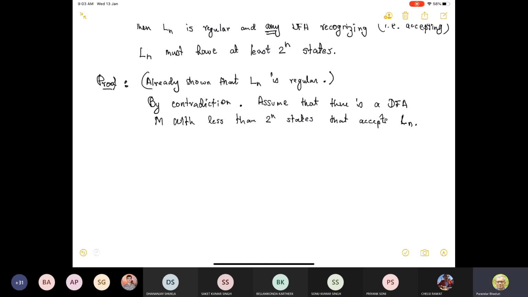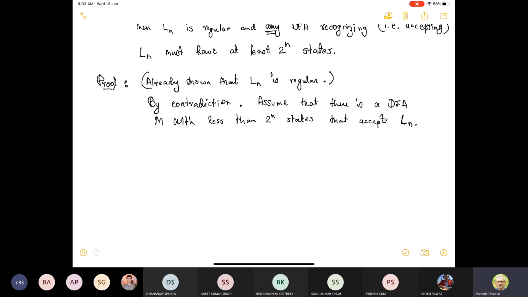So in this case, the thing that works is a proof by contradiction. So assume that there is a DFA M with less than 2 to the power n states that accepts Ln, right?